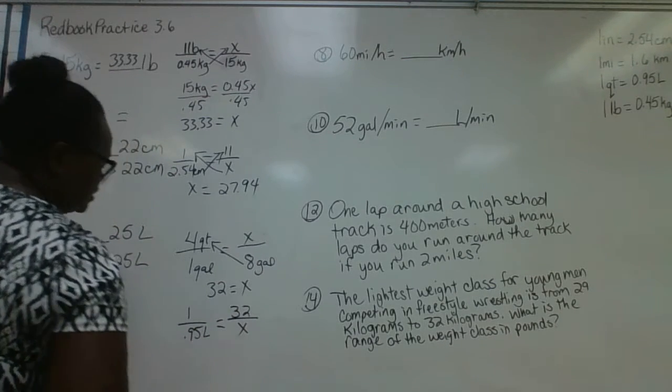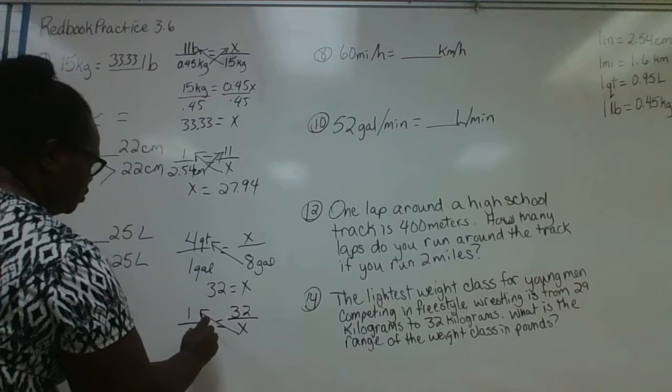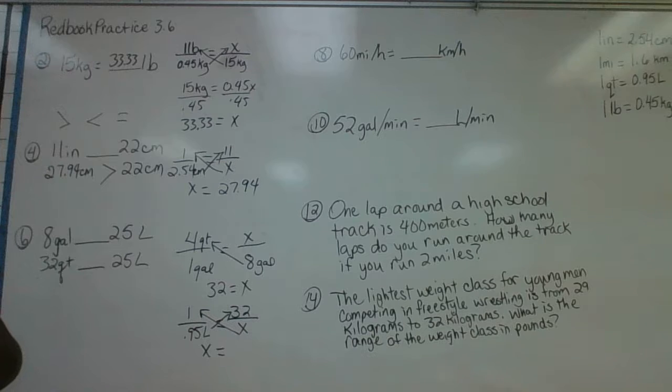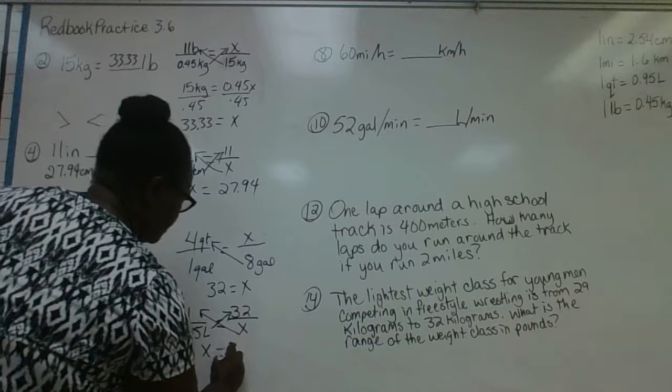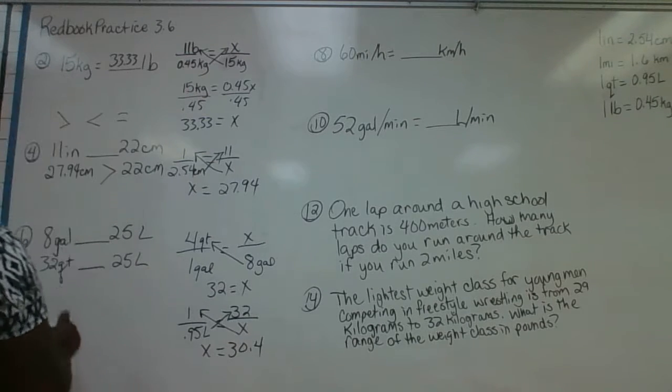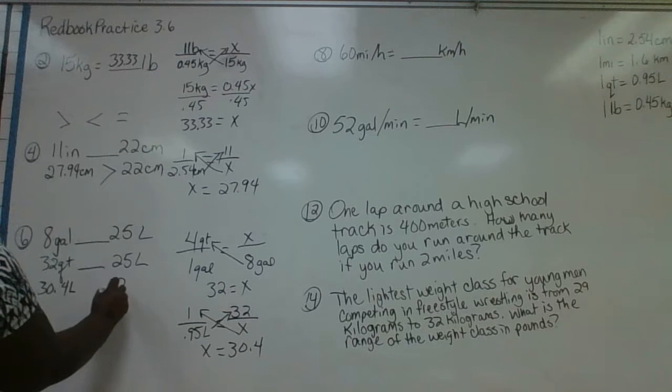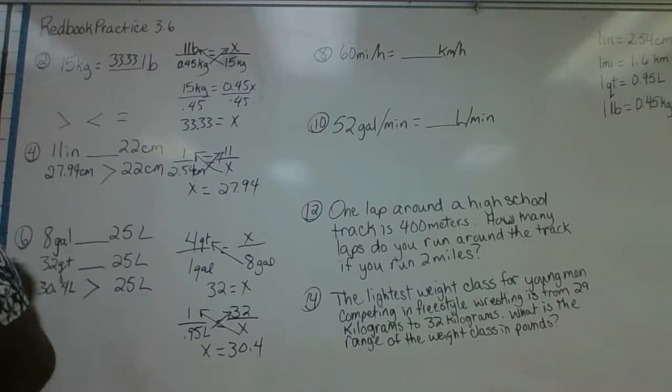How many liters is that? When we cross multiply, X is equal to 32 times 0.95, and we discover that we have 30.4. So 32 quarts converts to 30.4 liters compared to 25 liters, and we know this is greater.